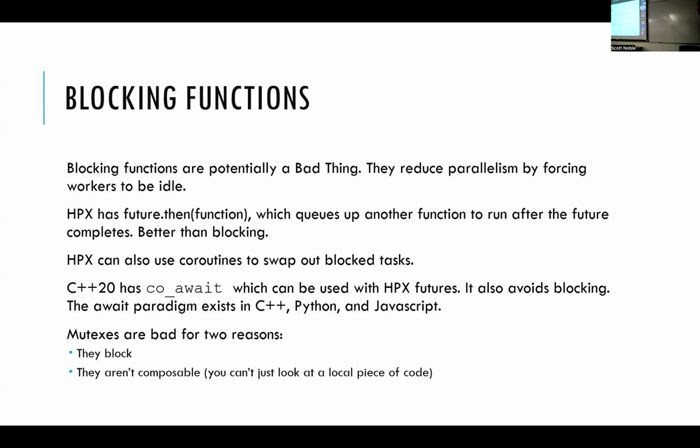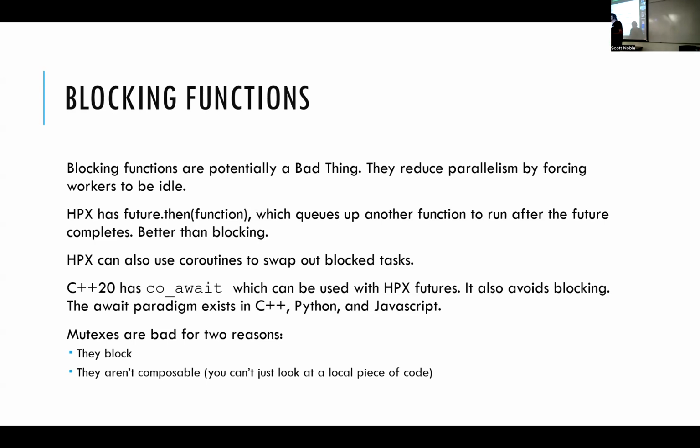So, okay. Mutexes are bad for two reasons. One is that they block, right? And this is somewhat mitigated, as I said, if you use HPX for your many task system. But the other thing is they aren't composable, right? So if you look at a piece of code in isolation that uses mutexes, you can't tell how it will affect the whole system.